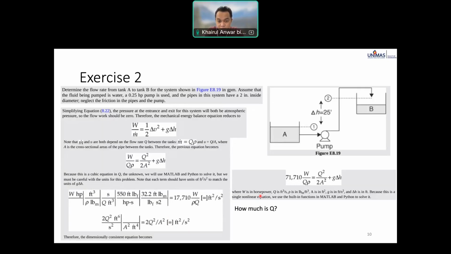So from here, where W is in horsepower and Q in feet cubed per second. This is a single nonlinear equation. We use the built-in function in MATLAB, because the equation asks you to determine Q.